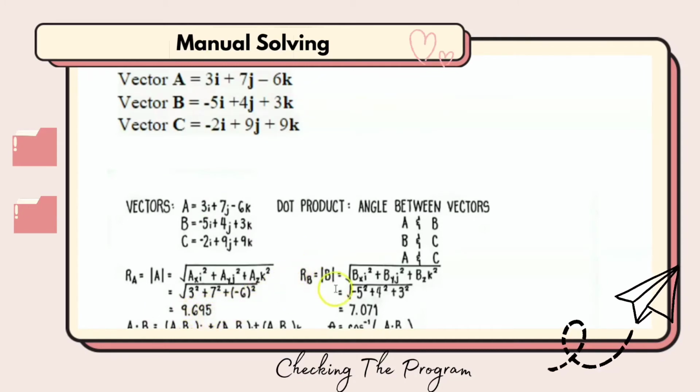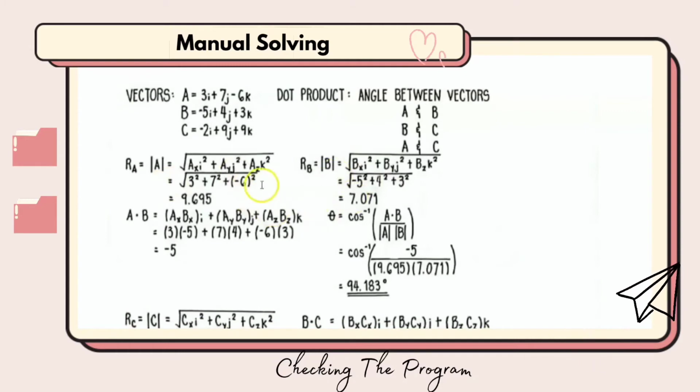In getting the magnitude of vector B, we also square it and square root. Then you substitute those givens in the formula and solve it. You'll get 7.071. After getting the magnitude of the two vectors, we are now going to multiply the two vectors.